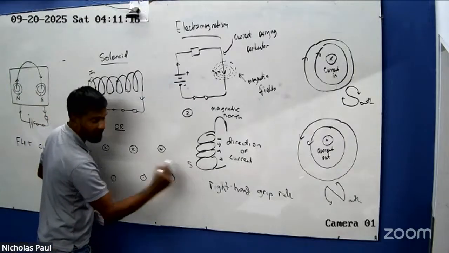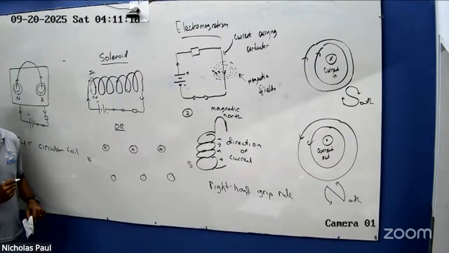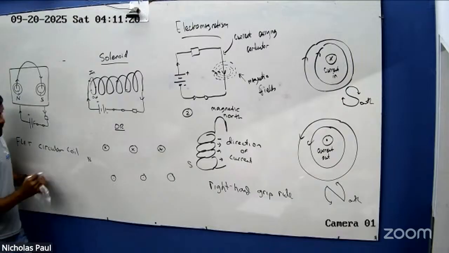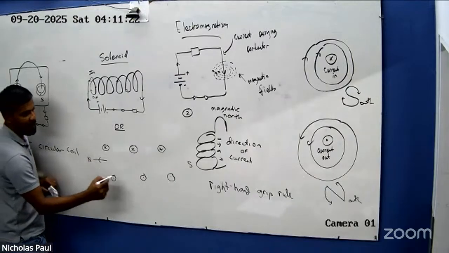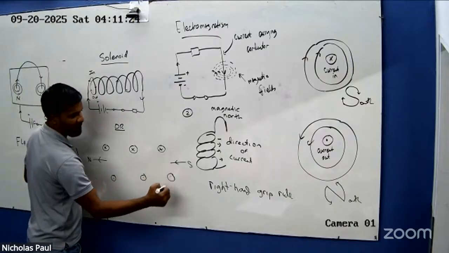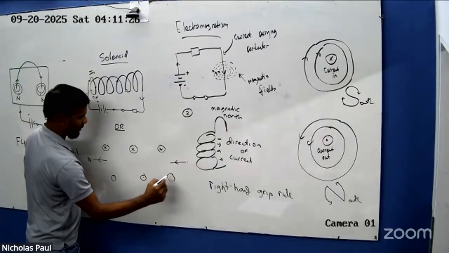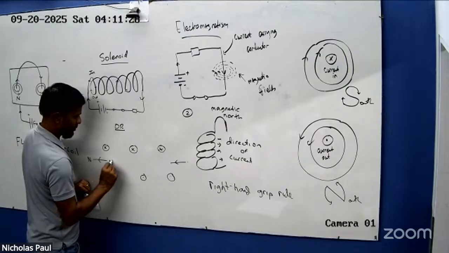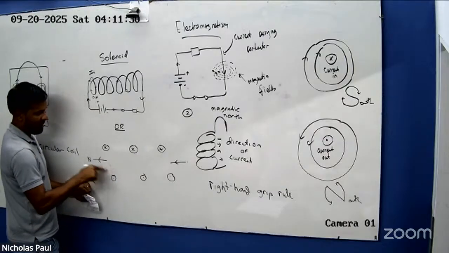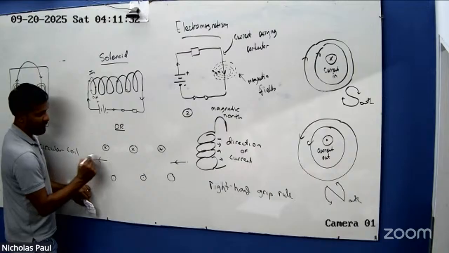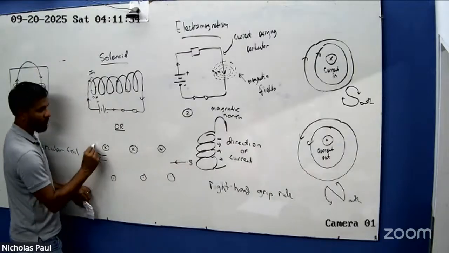And how do field lines behave again? Field lines always leave the north and come into the south. I just want to draw the lines in between. Here's north and south.